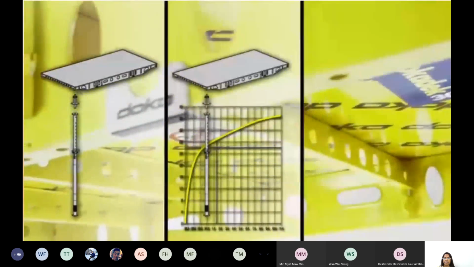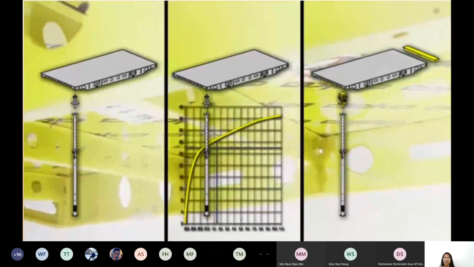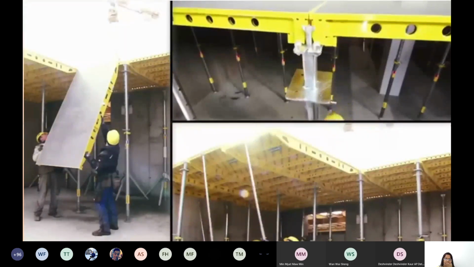There's always training required in any system, doesn't matter how simple it is, because you have to concentrate on the safety aspect as well. But generally, because it comes in kit form and it's just components that click together, if you like, and you don't have to use a measuring tape or anything like that, it just makes it that much easier for unskilled people to use. There's always a certain amount of measurement.